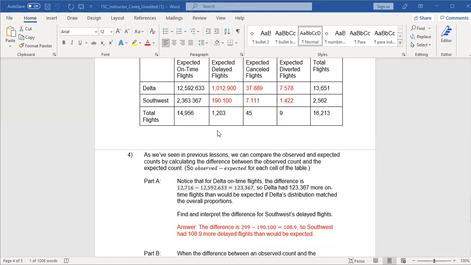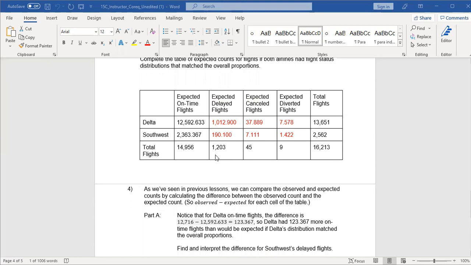So we find and interpret the difference for Southwest delayed flights. We find the difference between the observed and expected for the delayed number for Southwest.